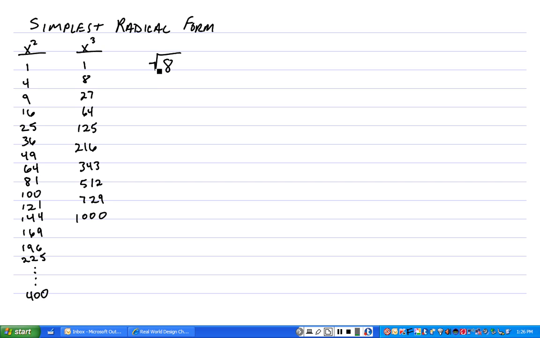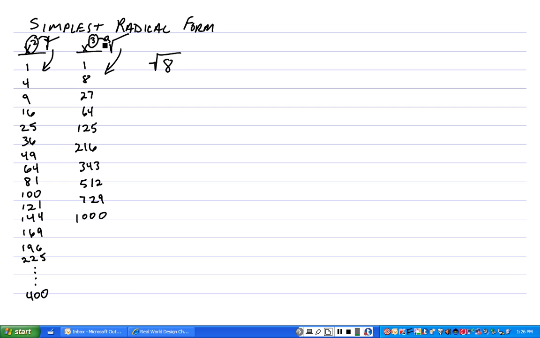I want to find factors of 8, and the square root is the inverse of squaring. So if you take the square root, you want to use this list. If you take the cube root, you want to use this list, because squaring something is the inverse of taking the square root of it. Cubing something is the inverse of taking the cube root of it.